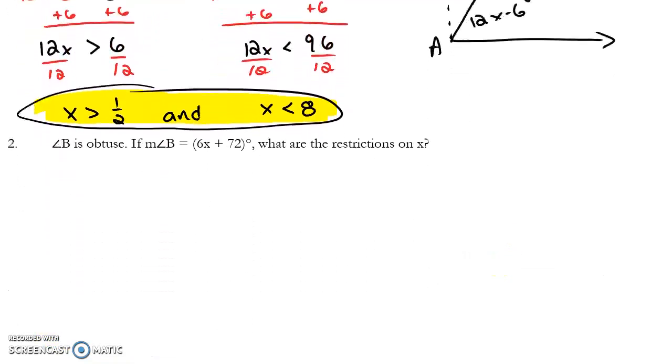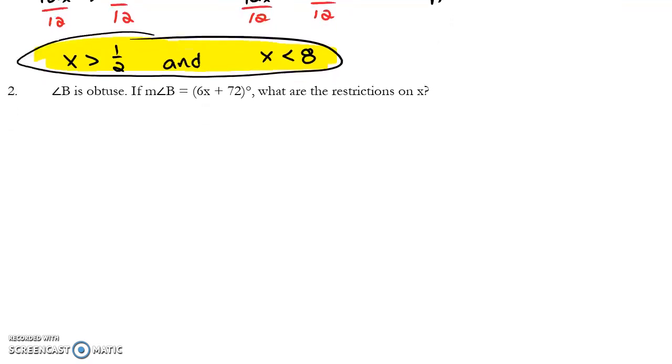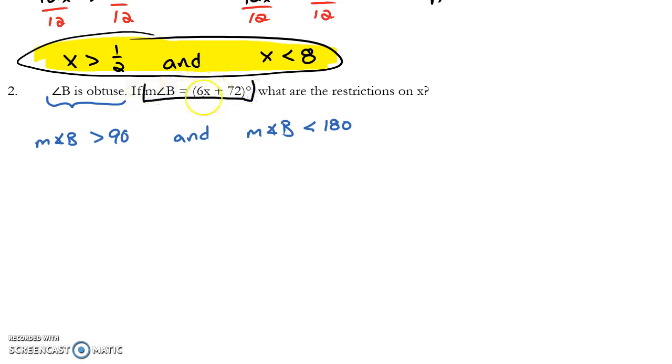The process, the idea is the same for number 2, obtuse. I will start it with you. This means that the measure of angle B is greater than 90 and the measure of angle B is less than 180 degrees. It's now a problem involving substitution.